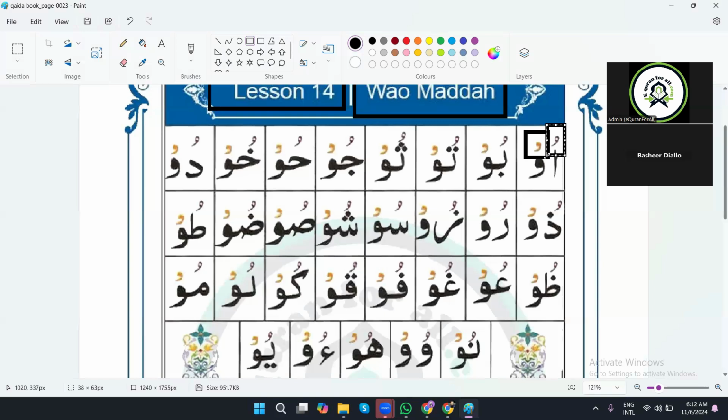Then Wao has to have sukoon on top, and the previous letter comes with dhamma. So then what do we call it? Wao Madda. Very good. And now what do we do? Lengthen the sound 2 seconds. Excellent. Okay, let's read some examples.